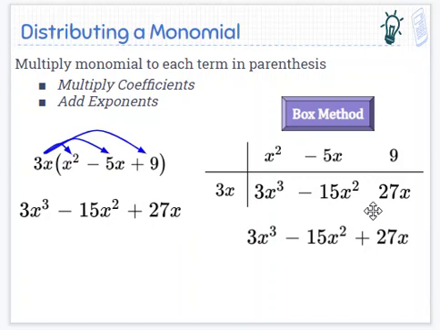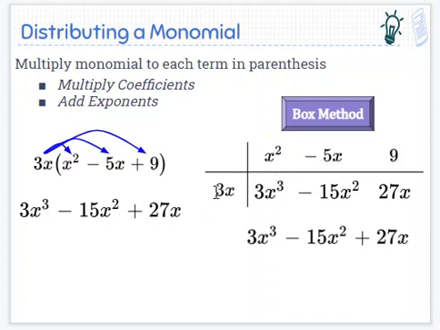Now the box method is similar to the distribution. The only difference is really just how you set up your graphic organizer. But then it's similar to a multiplication table where you multiply your coefficients. So 3 times 1, 3. But then with your variables, x times x squared, 1 plus 2, 3.